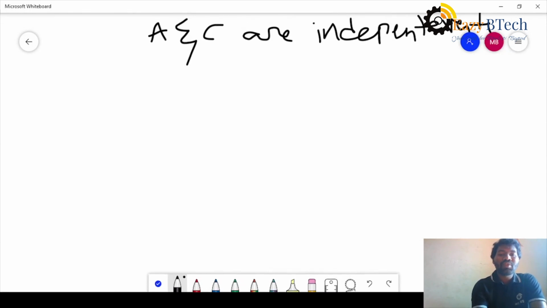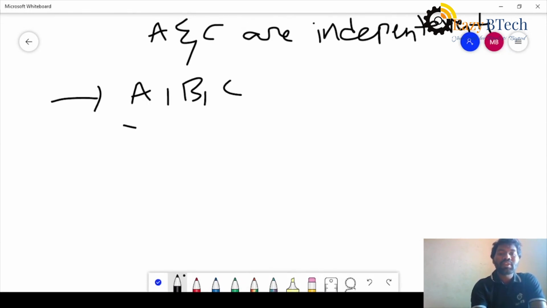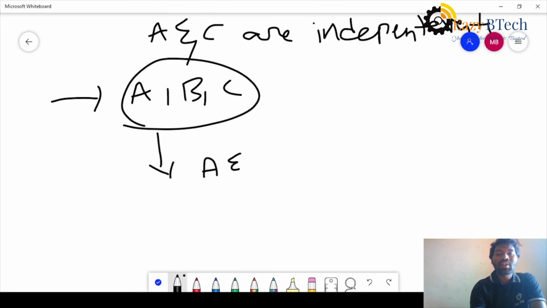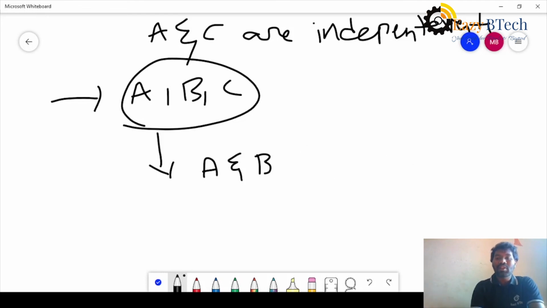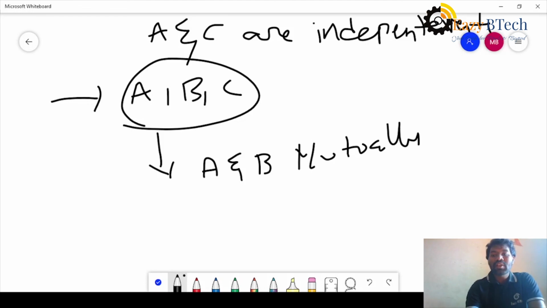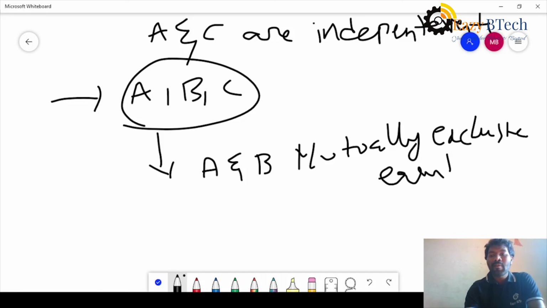So finally I can conclude like that. You have three events, A, B, C. In this, A and B are dependent events. We can also call that A and B are mutually exclusive events. Why? Because A intersection B equal to 0, mutually exclusive events.